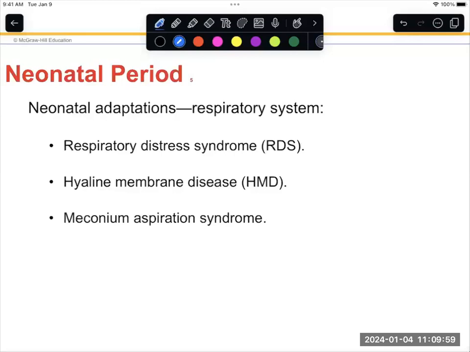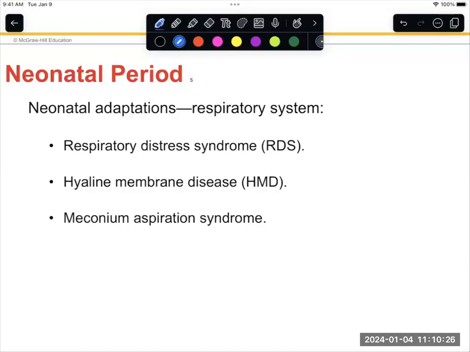Meconium aspiration syndrome occurs when the fetus is stressed in the uterus or during delivery and inhales that meconium into the lungs. Meconium is usually that first intestinal discharge of the newborn. It consists of epithelial cells, mucus, and bile.